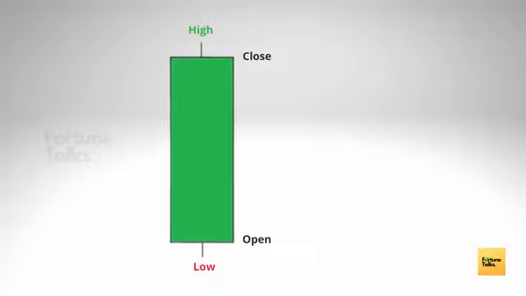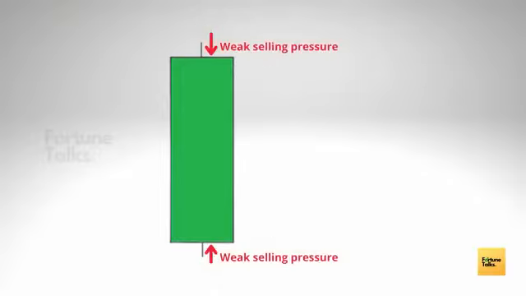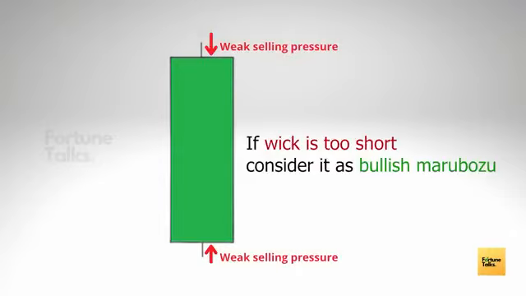But the high and low prices are so close to the open and close prices, which means there is very weak selling pressure from the bears. So in real market conditions, we can actually consider these candles as bullish Marubozus, because even though there was a slight selling pressure, it is still a strong bullish candle.